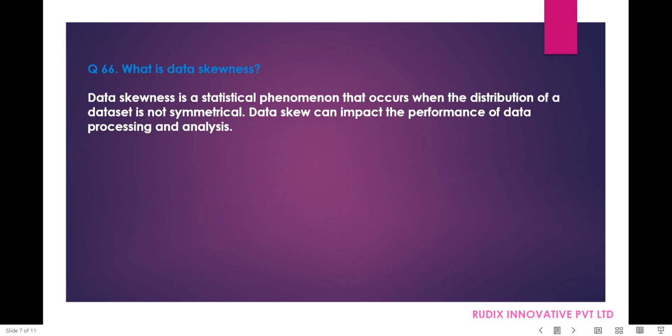Data skewness is a statistical phenomenon that occurs when the distribution of a data set is not symmetrical. Data skew can impact the performance of data processing and analysis. This skewness can occur in various dimensions of data sets such as columns, partitions, or even individual files.